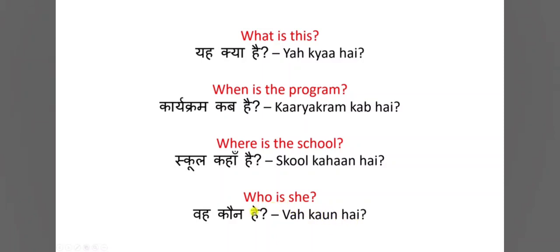Okay? Generally, the question words or interrogative words come before the be verb. Generally. Okay? But once again, you have the flexibility of positioning it at different places in a sentence. Okay?